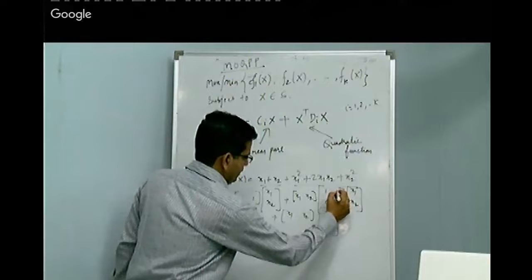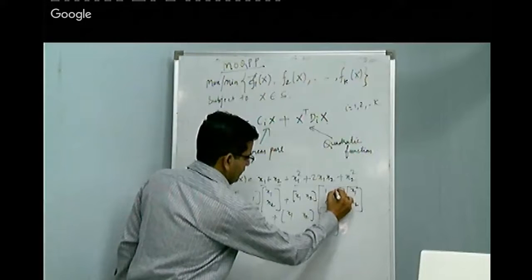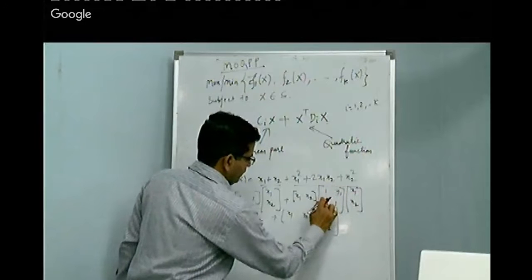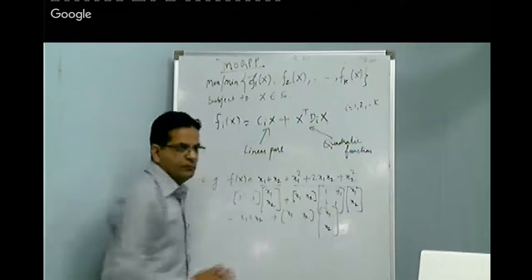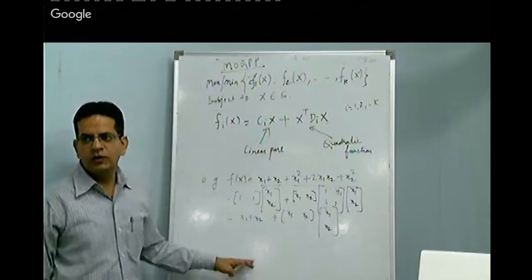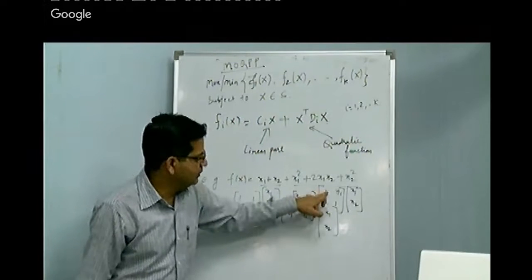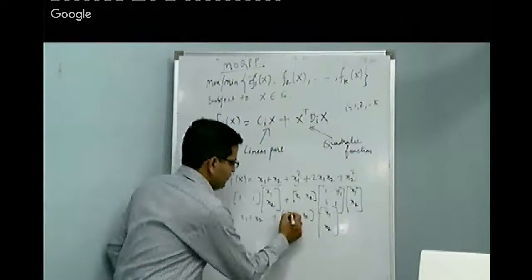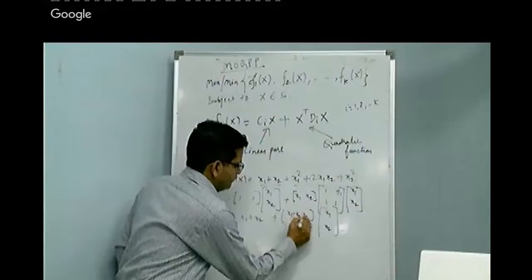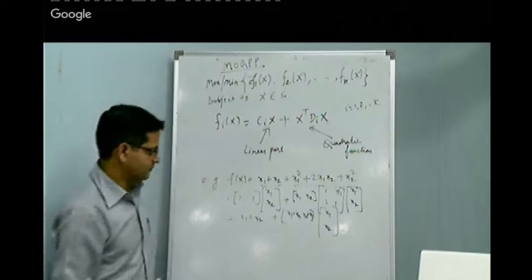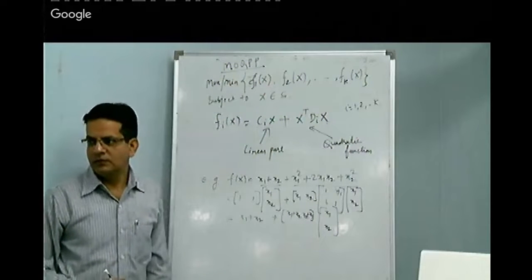We should write x1, half of 1 and 1. Then it is basically x1 square plus x2 square. So if we take x1 x2 and multiply them, we will have the same.